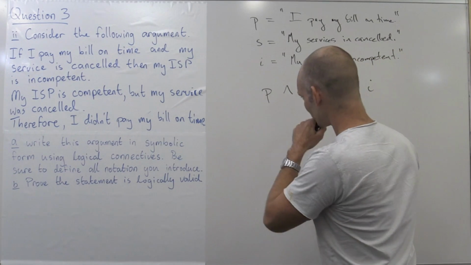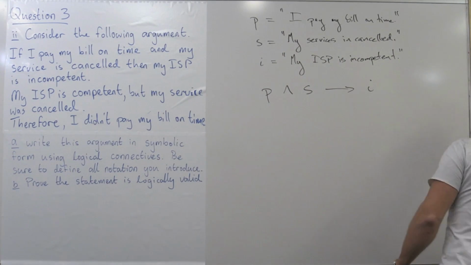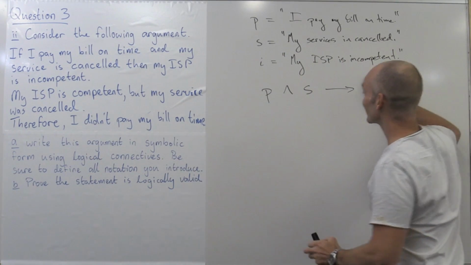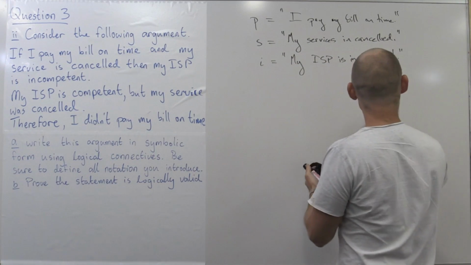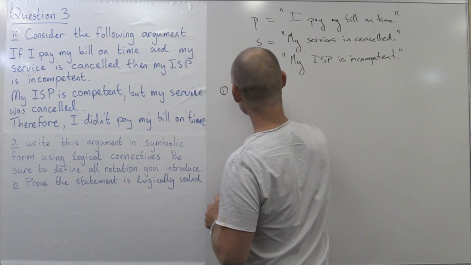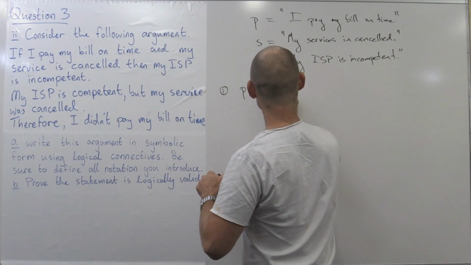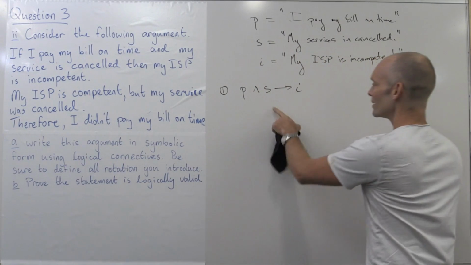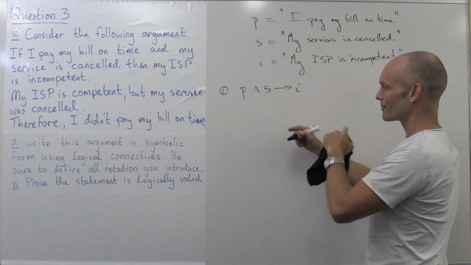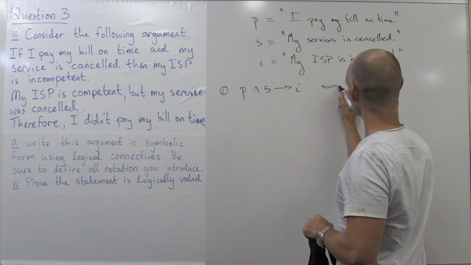Now, actually, I might just write that again, because in a second I'll be using contraposition. So let's just write a 1 there. So we had P and S implies I. And before we go on, I'll just turn this around by contraposition, because we'll need that later.